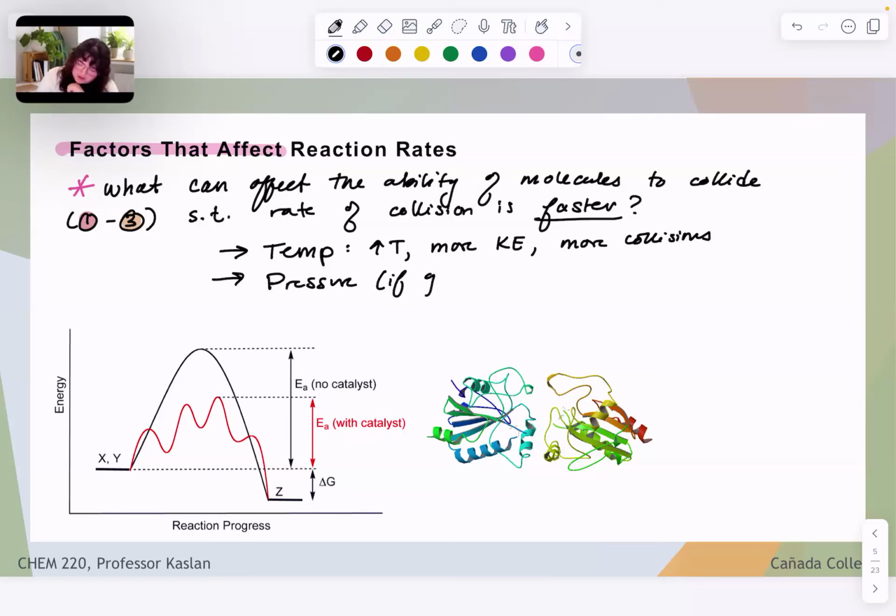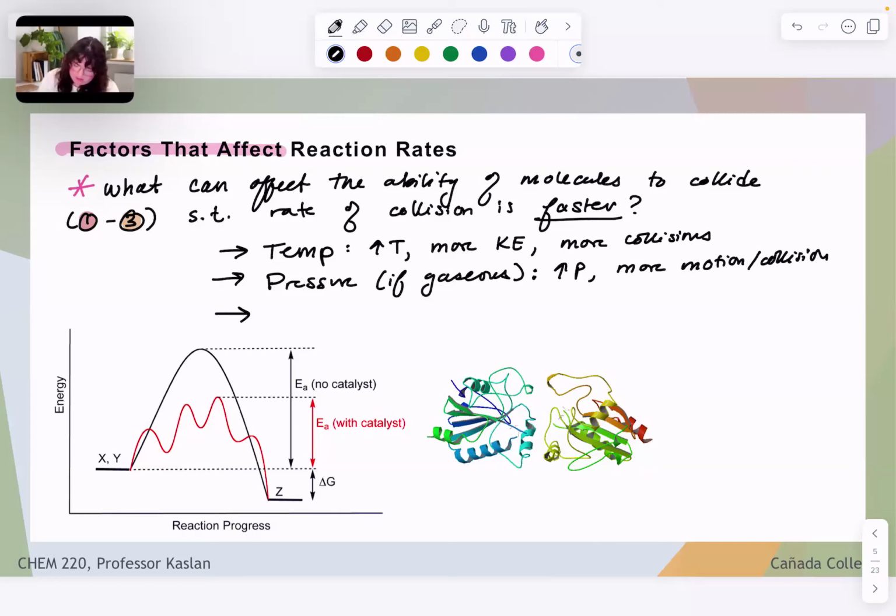If we're gaseous, we are assuming that liquids are not going to be affected, solids are not going to be affected. So as we increase the pressure, we're just increasing the statistical likelihood that we will have that perfect collision happen. And so it happens faster.